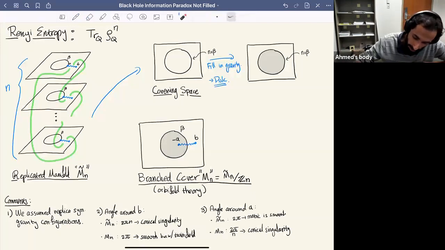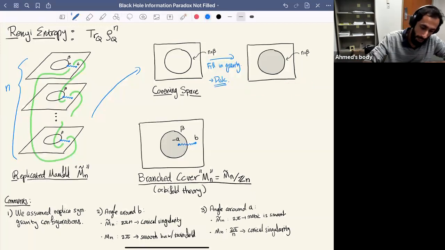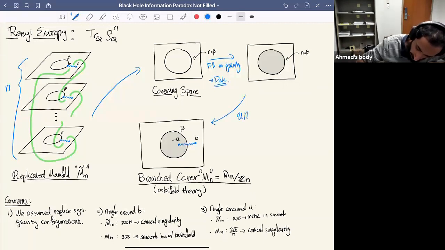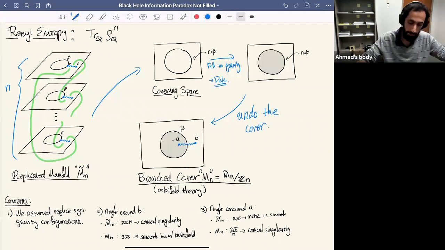So then you'd get the spacetime here. And then a trick you can do is you can undo the cover. This is going to be convenient for later purposes, which will hopefully become clear later. So undo the cover. We unwrapped it, but now we want to wrap it back.